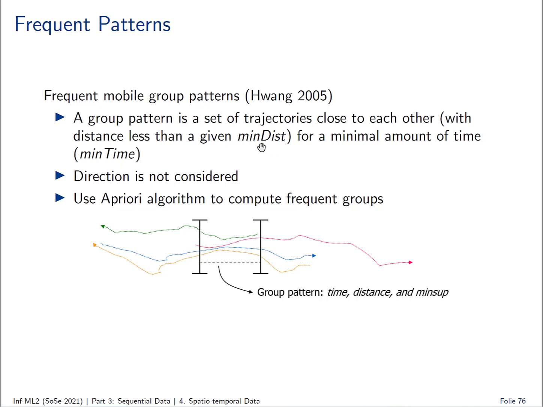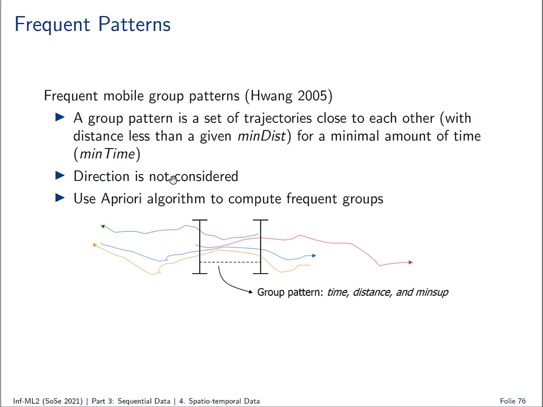So you need two thresholds, a distance threshold and a time threshold, and you want to find those sets of trajectories close to each other with respect to the distance threshold for a given time, which should be more than the time threshold, obviously.